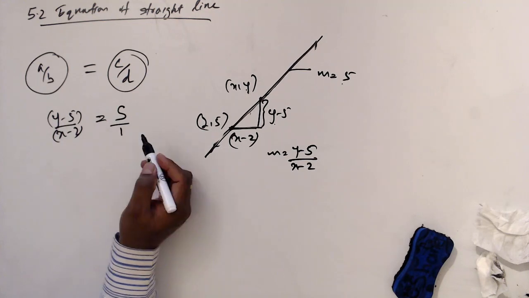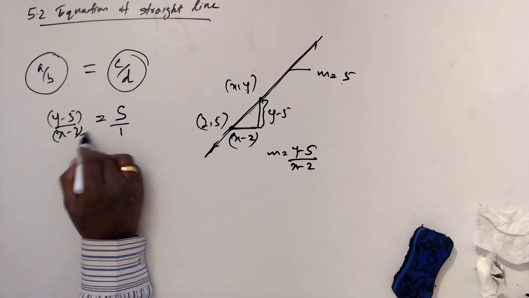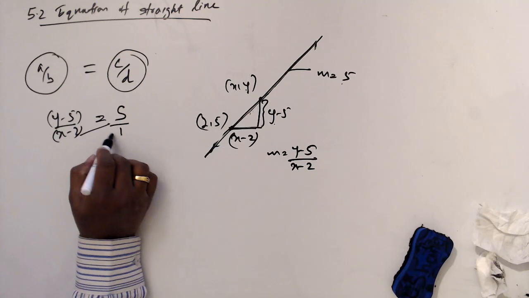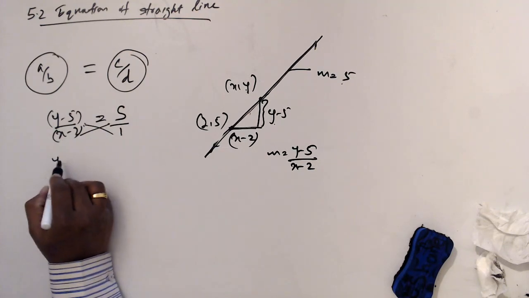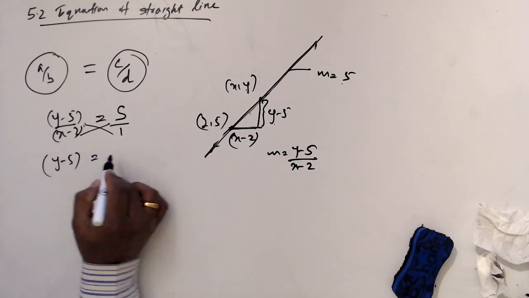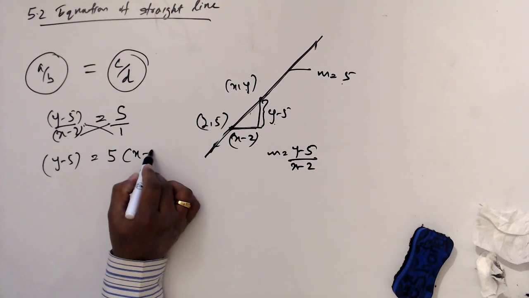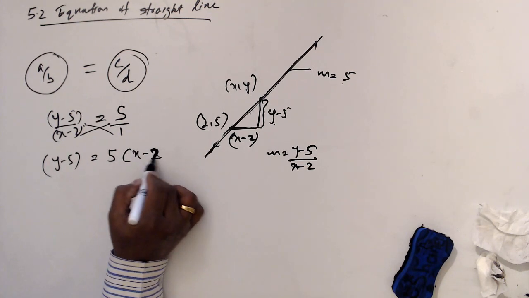I write 5 over 1, which is 5. Now cross multiply. Then you will get y minus 5 equal 5 times x minus 2.